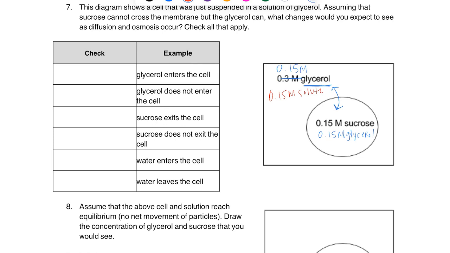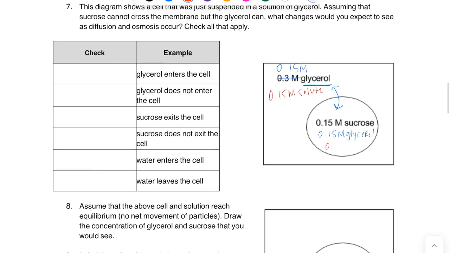Inside, if I add my sucrose and my glycerol, I have 0.3 molar solute inside the cell. So that means my concentration of solute inside is high. And high solute, remember, means low water.